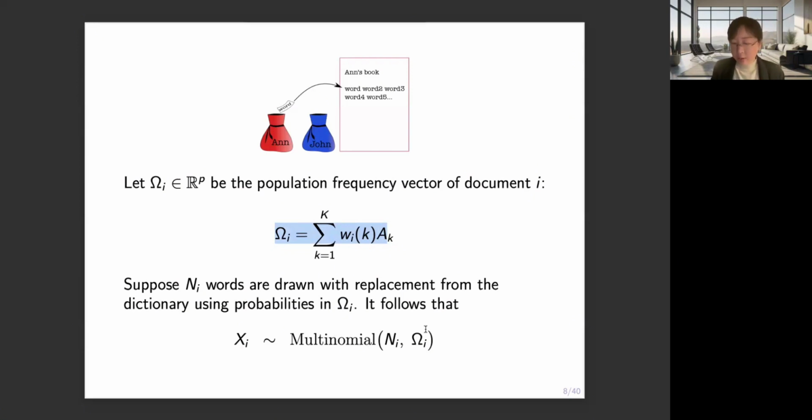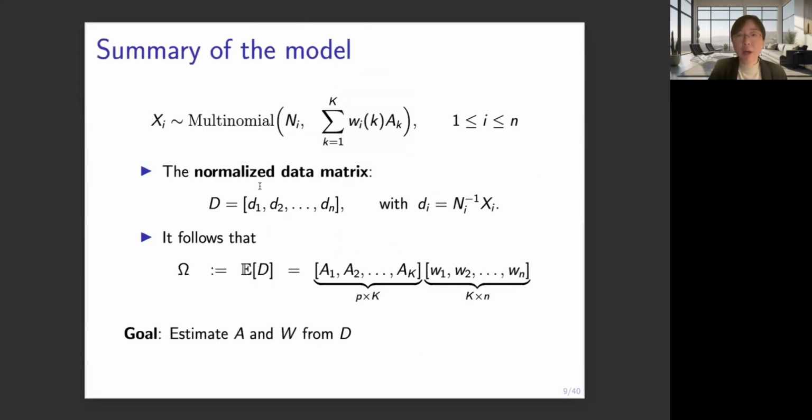To summarize, in our model we have a p by n data matrix. Each column of this data matrix is the word count vector for one document, and we assume it follows a multinomial distribution, where the number of trials is just the length of the document, and the probabilities come from the convex combination of topic vectors.